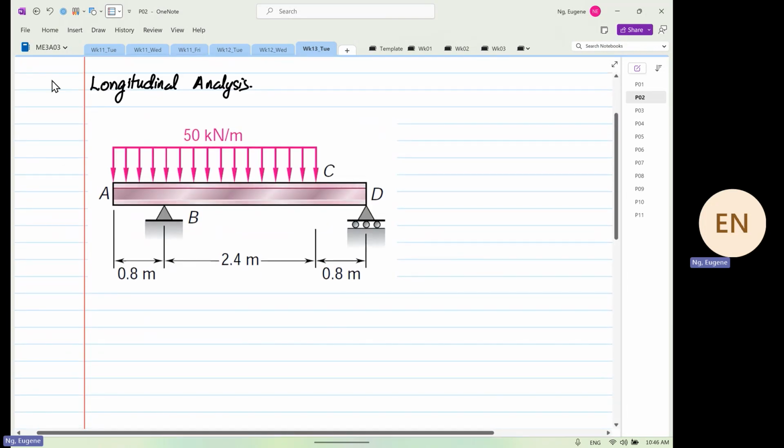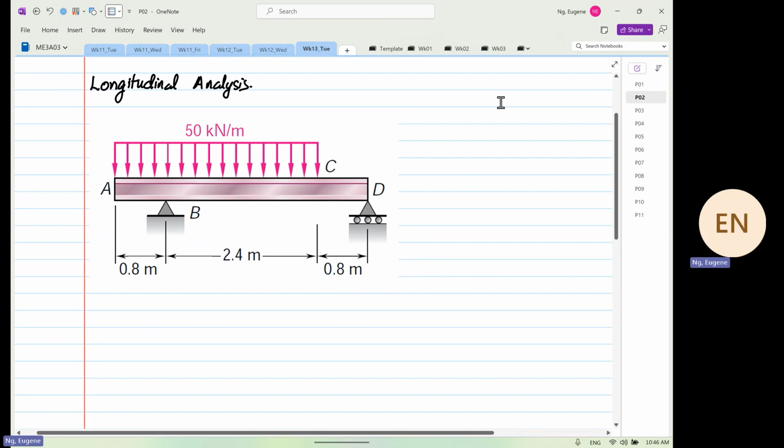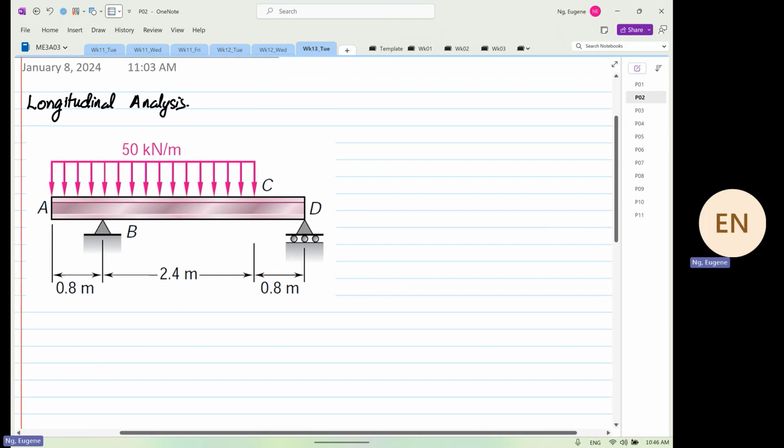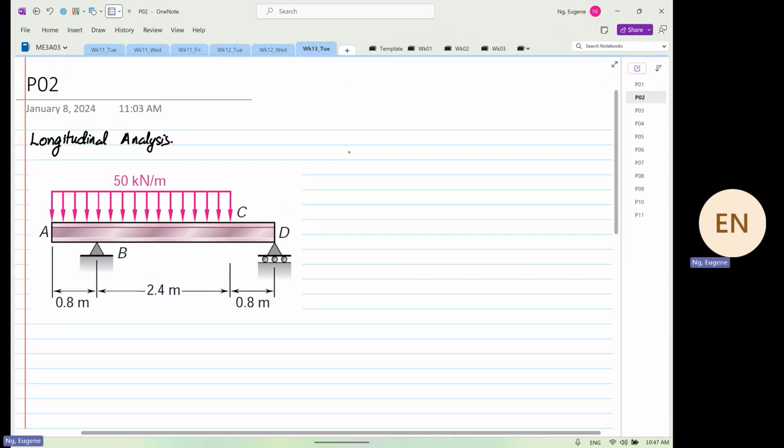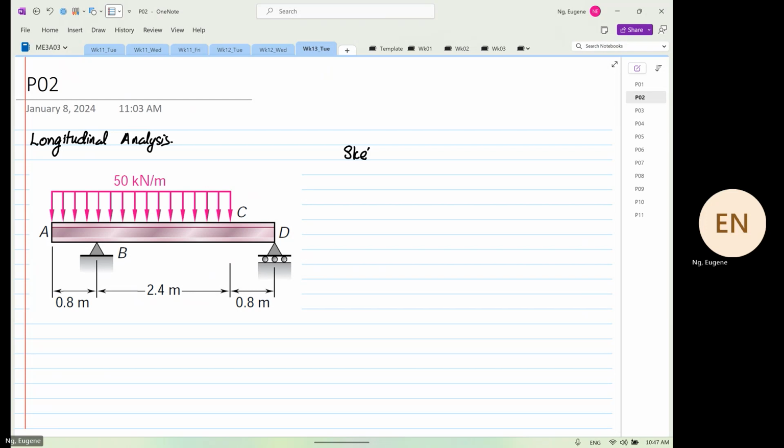What we are going to do is sketch, and label, the shear force and bending moment diagram. We're going to see it.